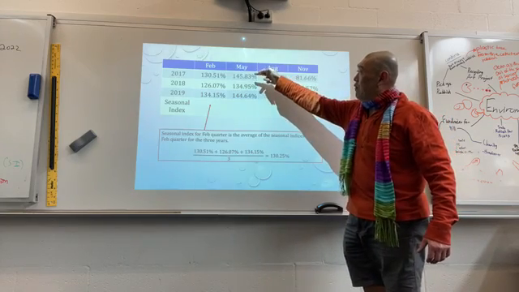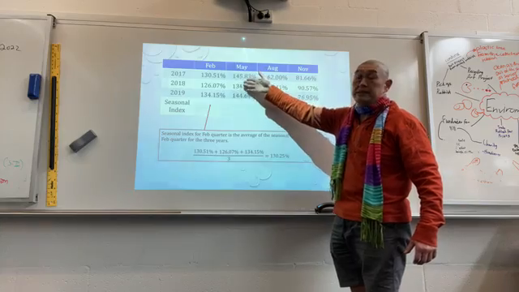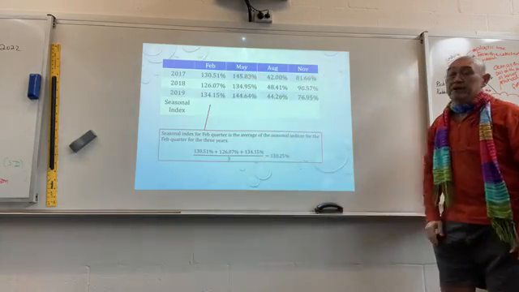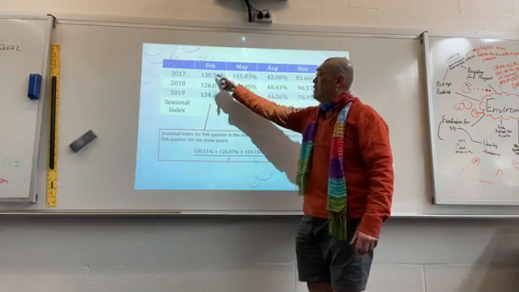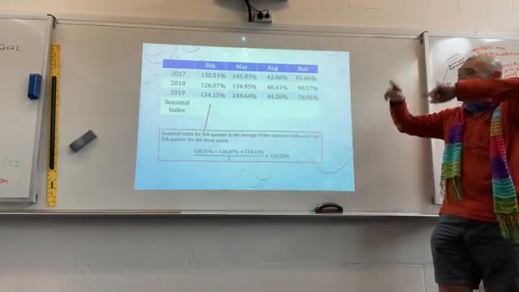Seasonal index for May is the average of the individual seasonal index for May. Average of this, average of that. You can see that the numbers are fairly similar because of the peak and trough going up and down.